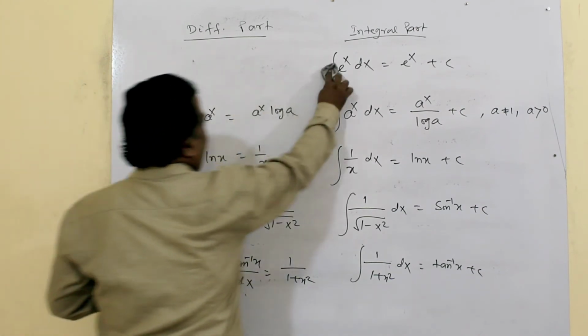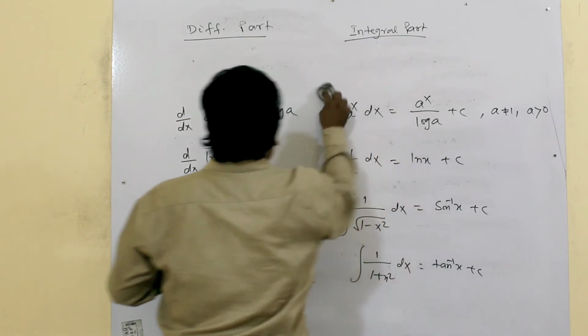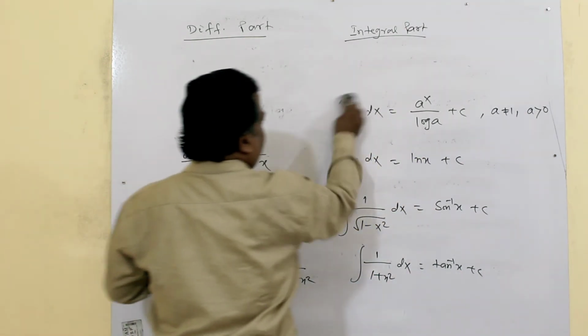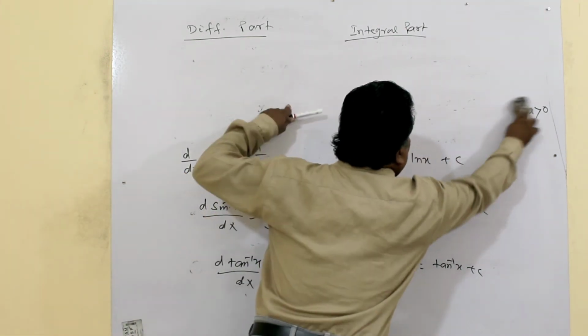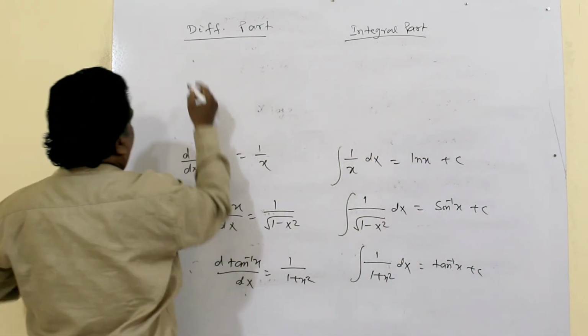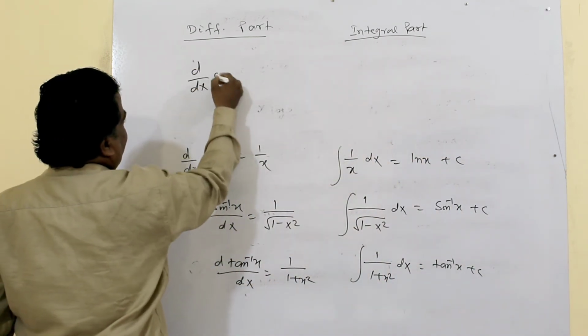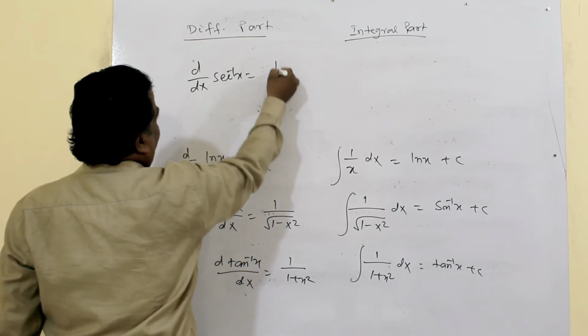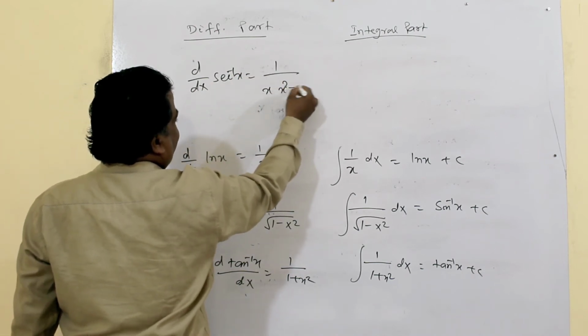Again, we know the derivative of sec inverse x is 1 by x root over x square minus 1.